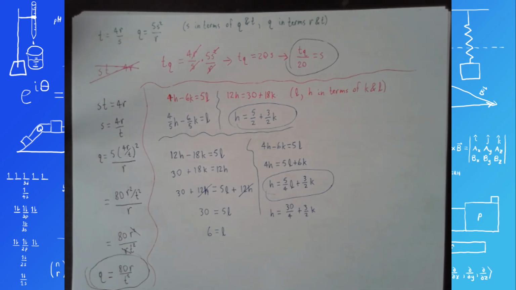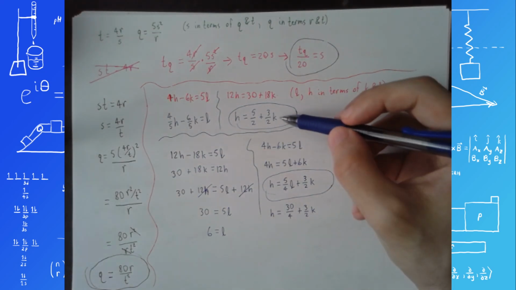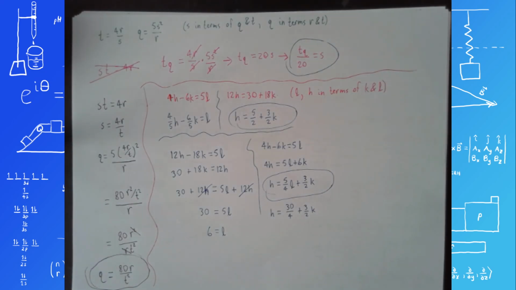But as long as you isolated h and you either got it in terms of L and k or in terms of just k and constants, you're good. Huh. I will definitely need to play around with this on my own later.